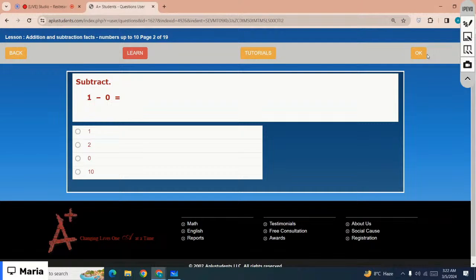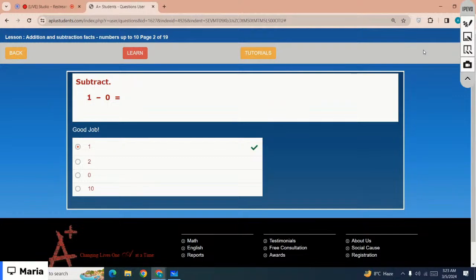Subtract: 1 take away 0 equals, yes, 1. Subtracting 0 from any number, the number stays the same. 1 take away 0 is 1.